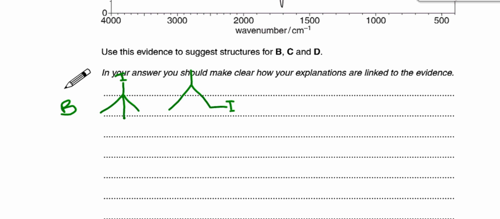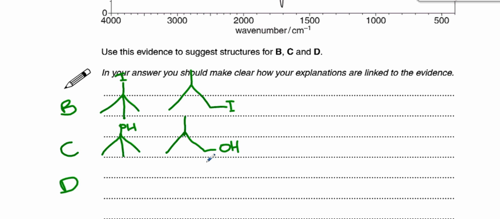And so C, I'm thinking, is potentially, because the iodine is being substituted by an OH, either this alcohol or this alcohol.